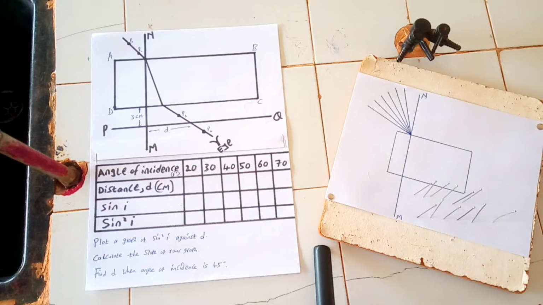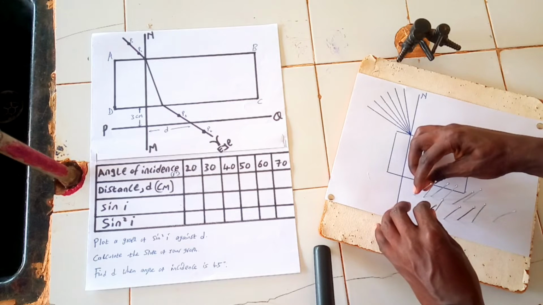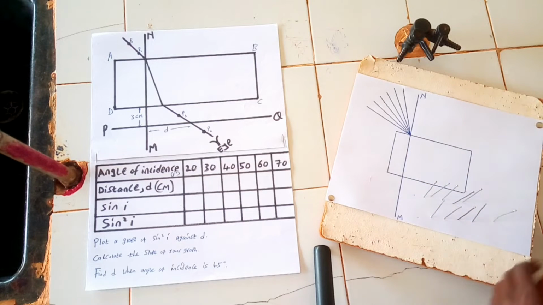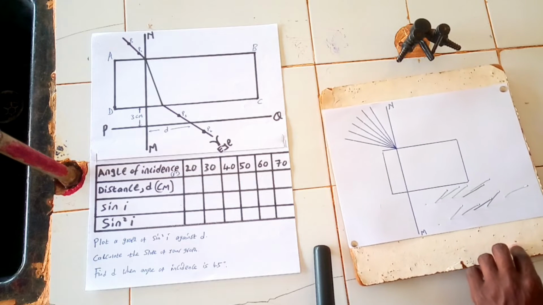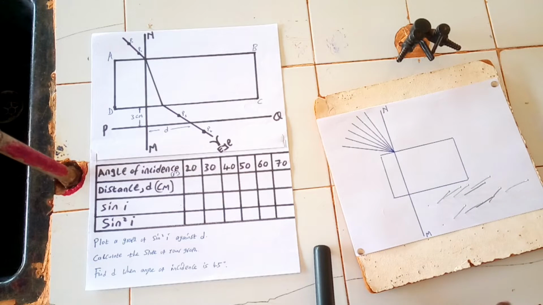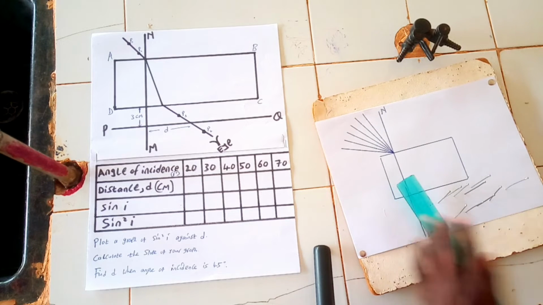So what I do now, I'll be removing pins in pairs as I complete the line. So let me first start with these two pins. So I draw that line, I complete that line first.